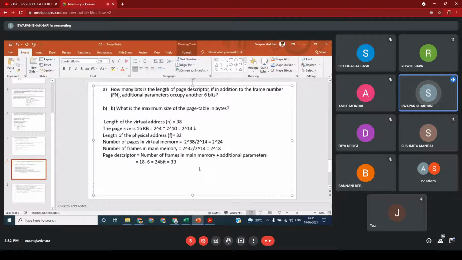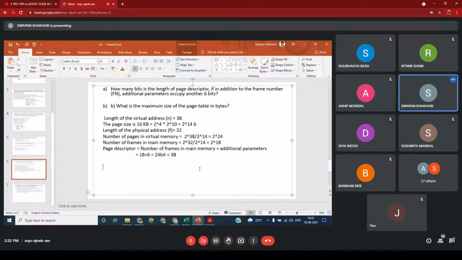So how will we calculate this? Maximum size. So number of pages 2 to the power 24 multiplied by these 3 bytes. So page table in bytes.